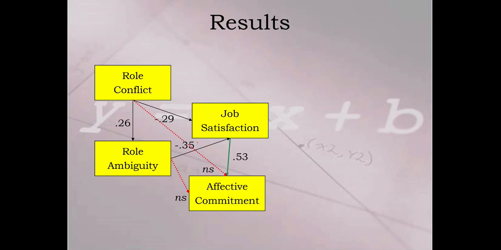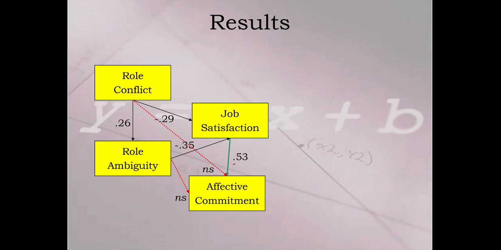Then they further suggested that if you had high job satisfaction, you would be more committed to your organization, sort of emotionally committed. But that if you had more role conflict, or more role ambiguity, you would be less affectively committed.